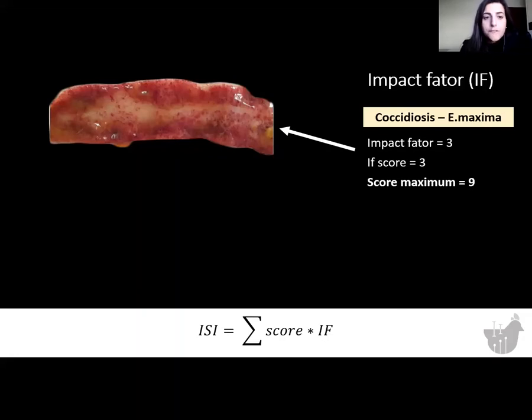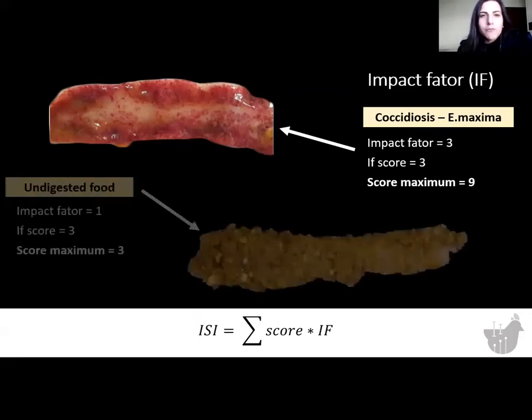So if we have a score 3, the maximum score for this lesion is 9. In this way, we can monitor all the systems, because I know that the maximum lesion observed for Eimeria is 9. If in my birds, for example, I have 5 or 6, I can understand how close it is to the maximum score.